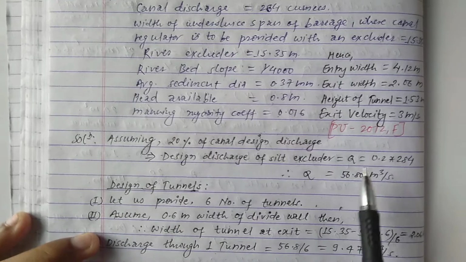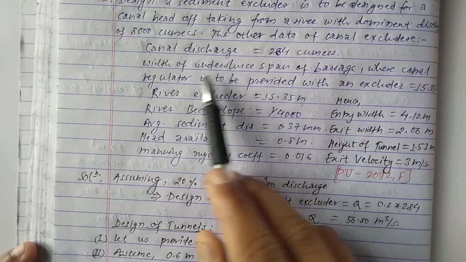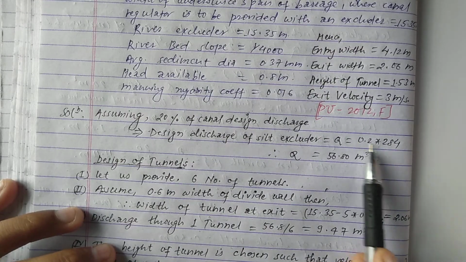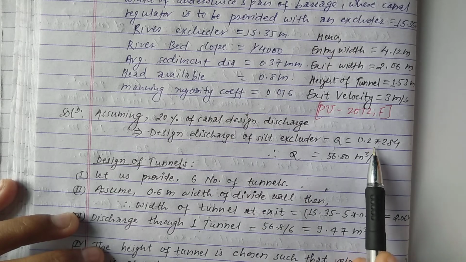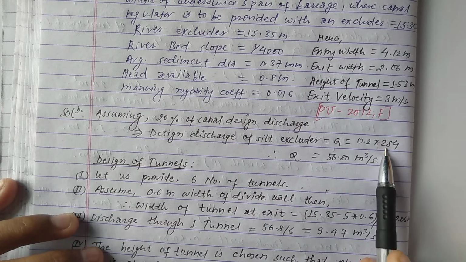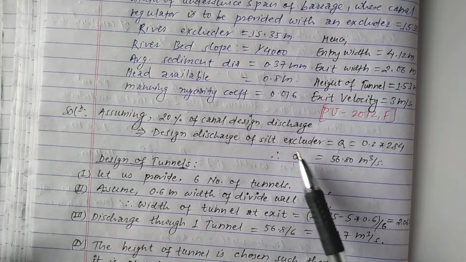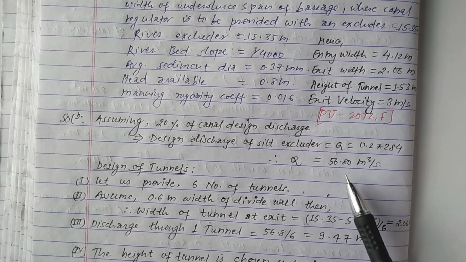It means 0.2 into, we have to take the canal design discharge, and this is given in the question, 284. So we just multiply 0.2 into 284. This means 20% of the canal discharge. After calculating, we get the design discharge for the silt excluder equal to 56.80 meter cube per second.